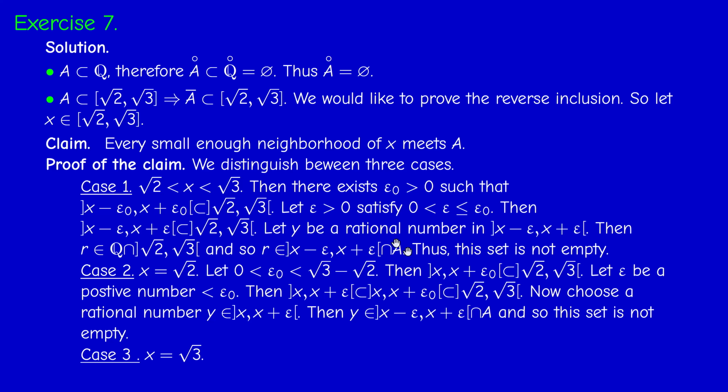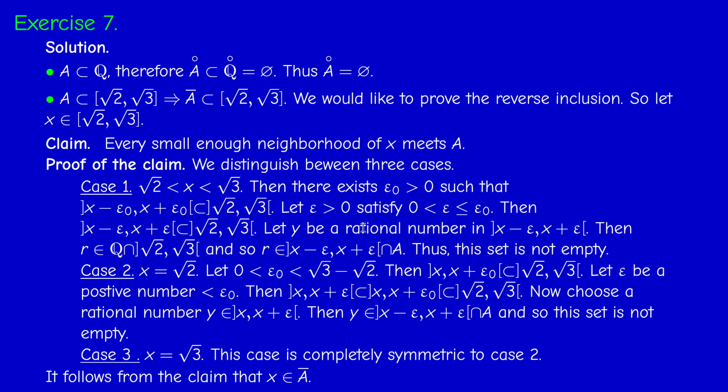So it may be very helpful to draw figures, actually, just on a straight line and see what happens. Okay, so a little bit cumbersome to write, but it's not so difficult. And therefore we proved the reverse. So any point here is in A bar, so A bar is [√2, √3] closed.